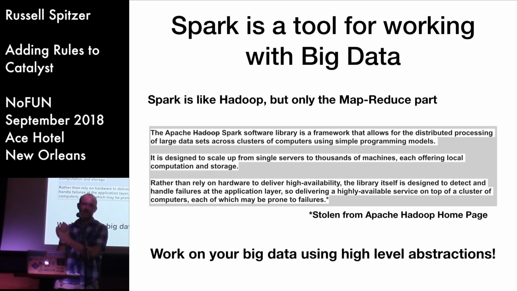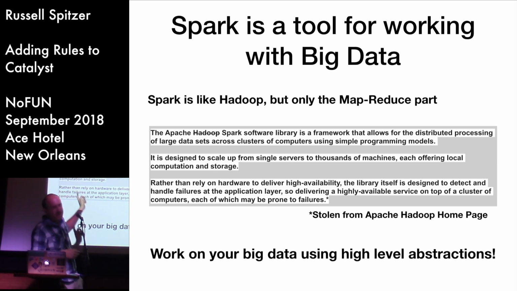So if you don't know what Spark is, it's a tool for working with big data, and it's almost functionally identical in description to Apache Hadoop. I just found it funny that if I took the Apache Hadoop description and crossed out the word Hadoop and replaced it with Spark, everything else is still completely correct. So it is basically software that lets you deal with huge amounts of data on lots of commodity hardware.